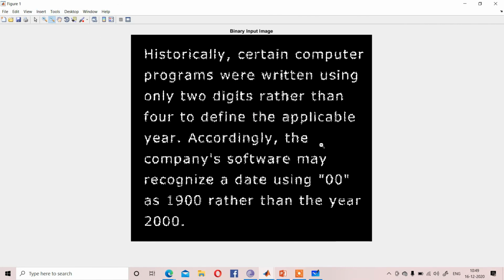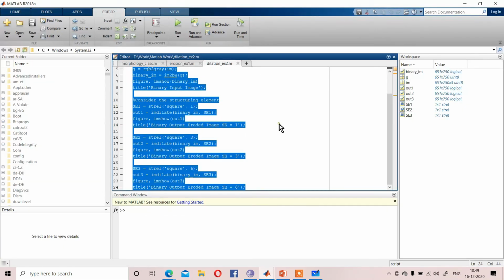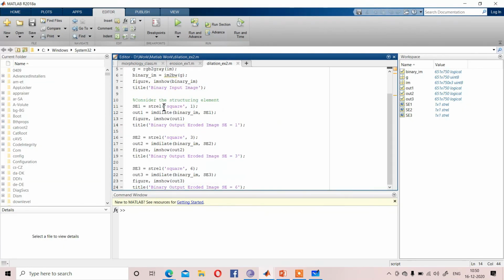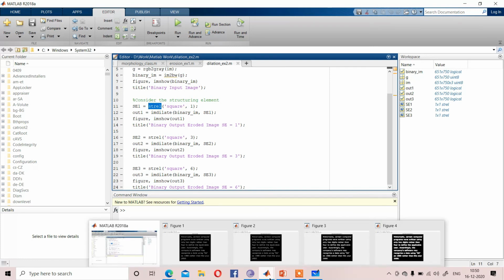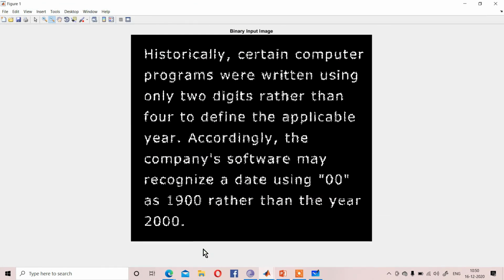And if we use dilation depending on different structuring elements, you can see the same thing is happening here. The structuring element we are considering is strel, but as the letters are in square format, depending on that I have considered the square structuring element.